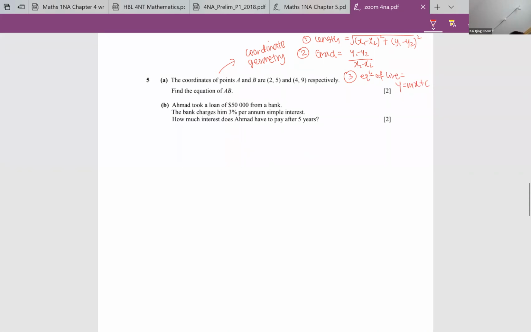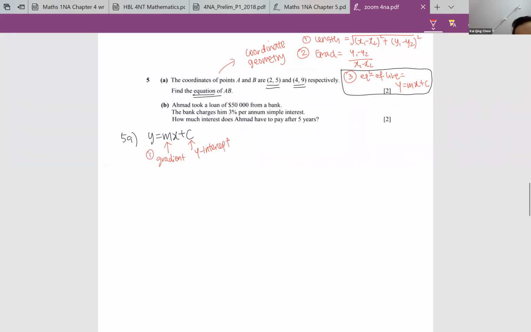Let's do 5A first. 5A asks for the equation, a 2 marks question. I have coordinates, and I ask for the equation. The equation of line is y equals mx plus c, so what you need to find is m, the gradient, and c, the y-intercept.